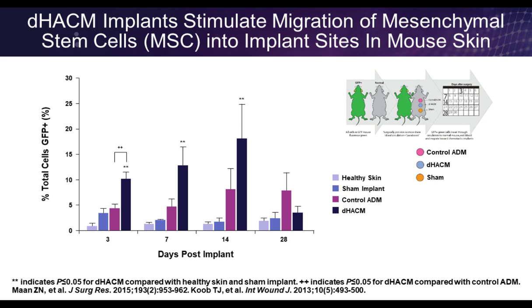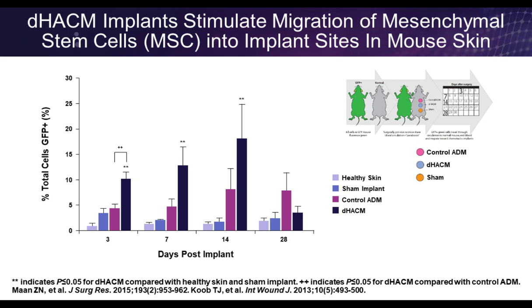Now, as you can see at day 3, 7, 14, and 28 in healthy skin, there are relatively few of the green fluorescent protein stem cells coming from the joined mouse in the area of healthy skin.